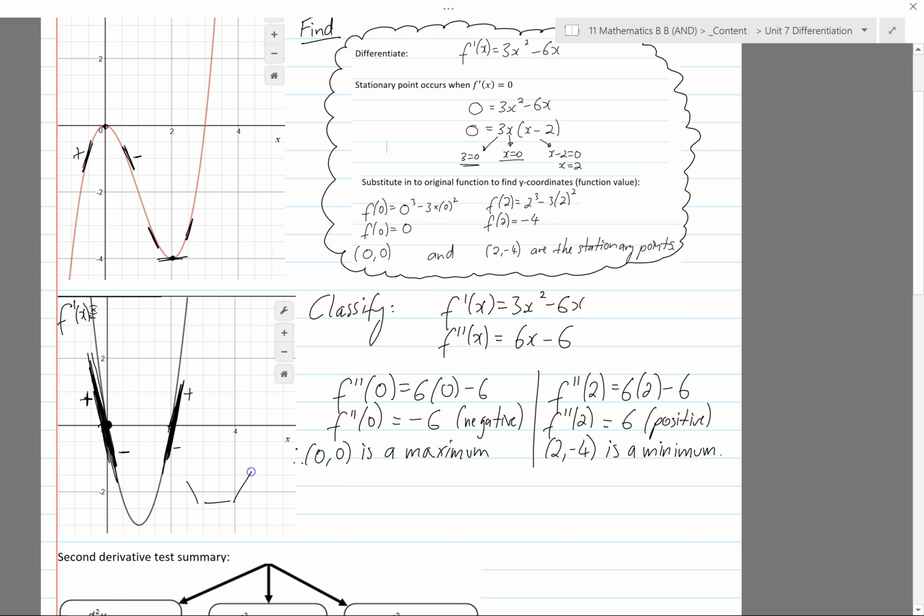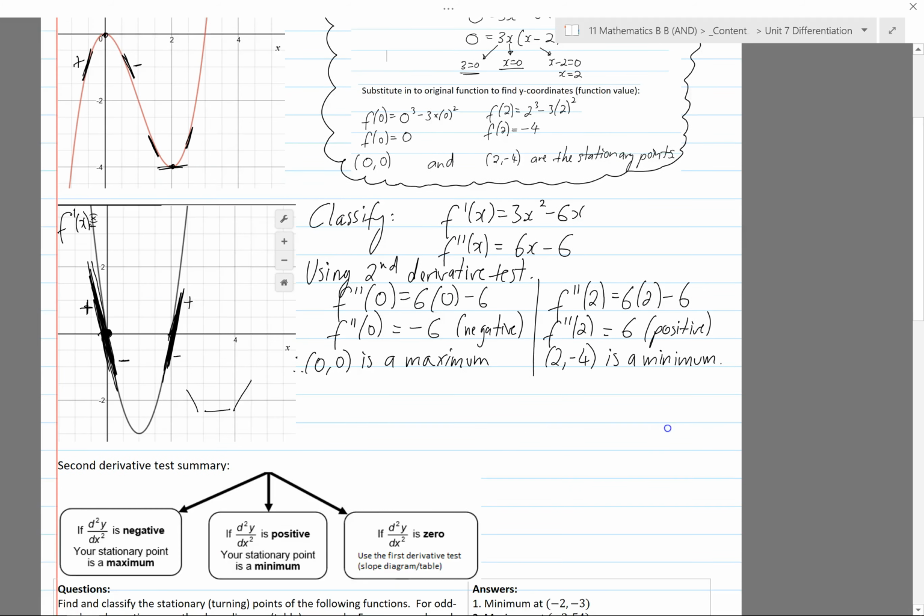So it means that it's a minimum. Okay, so I'll just write some words in here using the second derivative test. You might find the second derivative test easier, up to you.